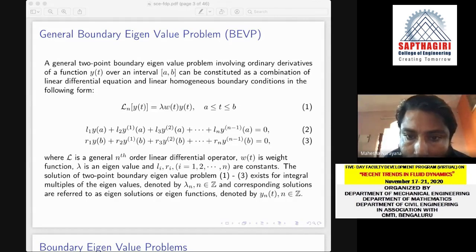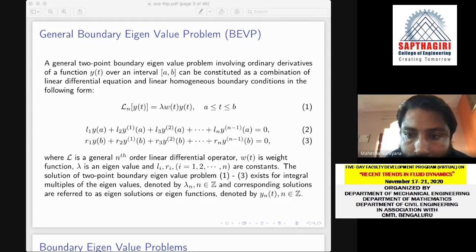You can also bring in a weight function and change it according to the problem at hand. These problems in general are known as Sturm-Liouville problems in mathematics.